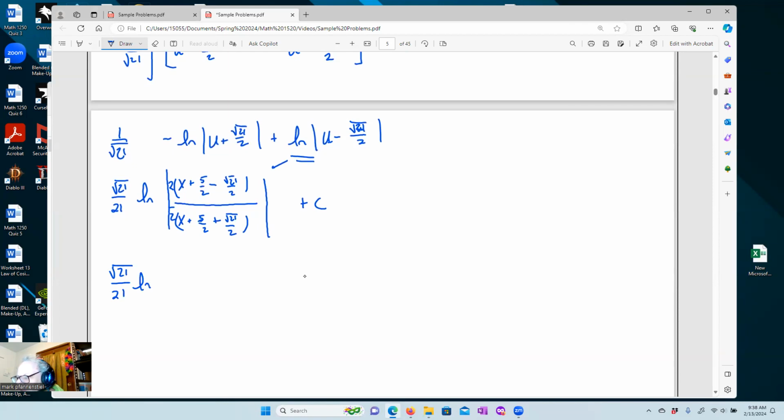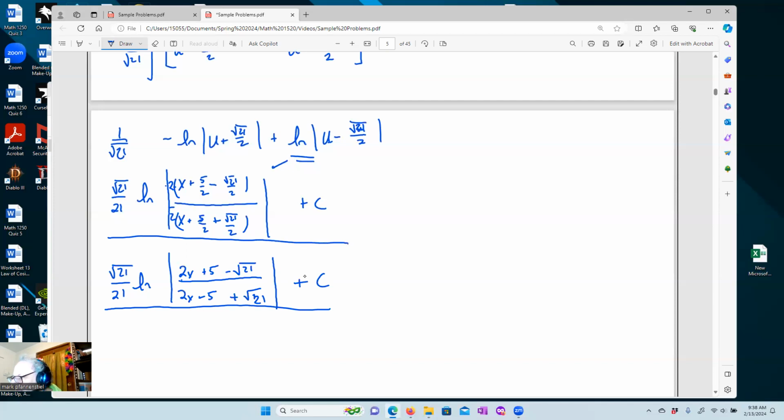I have the natural log of, we have a 2x plus 5 minus the square root of 21. I'm just pulling this 2 in and multiplying everybody by that 2, divided by, and we have a 2x plus 5 plus the square root of 21. All right, plus our C, box up our answer, and there we go.